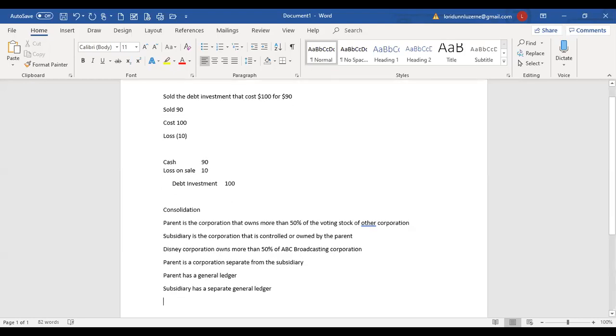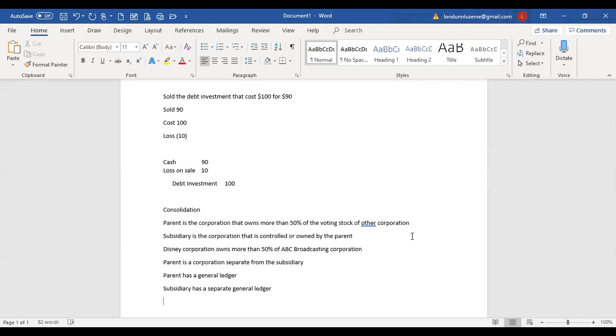So what if Disney went and just put all of their stuff together with ABC Corporation and never kept it separated? They wouldn't know who, what, where. So no, ABC Corporation keeps their own separate accounting. Disney Corporation keeps theirs. Here's where consolidation happens though.